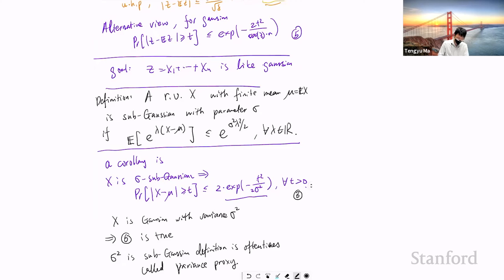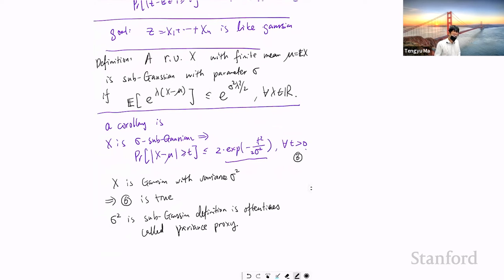So if you are sigma sub-Gaussian, you can think of sigma square as some kind of pseudo variance. It's not exactly the variance, but it's an alternative version of the variance, which is actually probably more important than the variance itself. So that's the rough intuition.